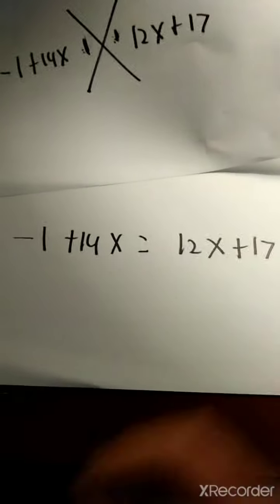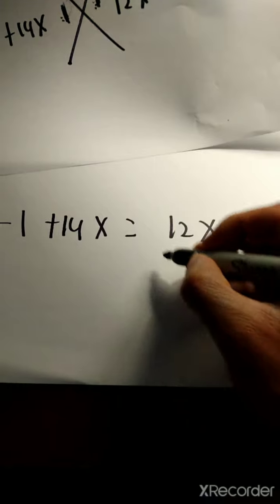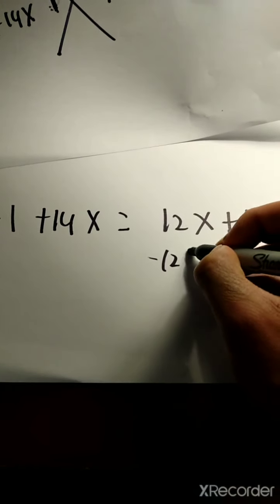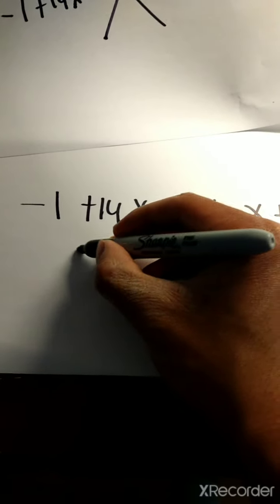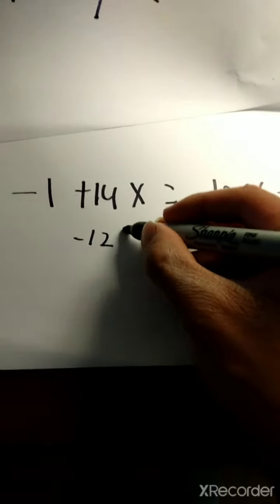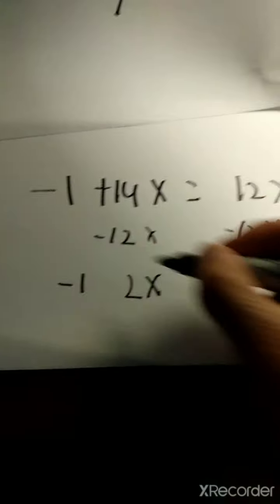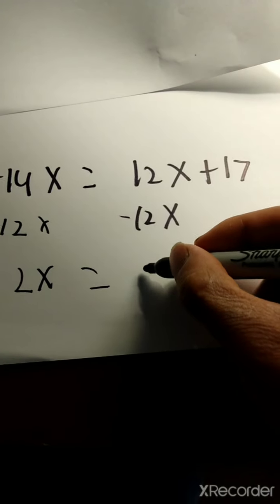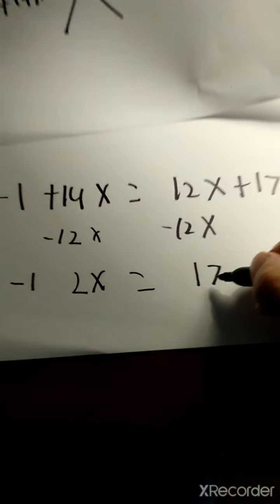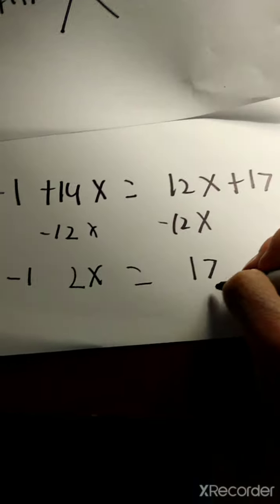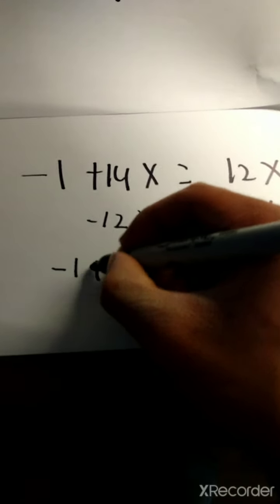So, we're going to have to try and simplify it. So why don't we subtract 12x here, and subtract 12x from this side. That would be 2x right here. Minus 1 equals 17. So we just did one step of simplifying.